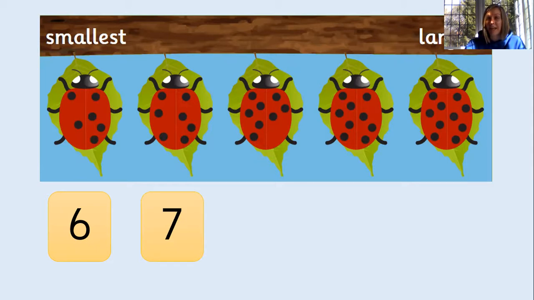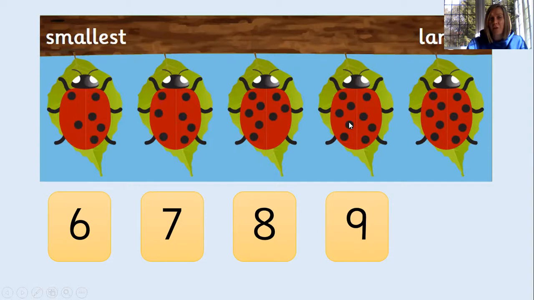It's the next biggest number. Then 8. I wonder if you can guess what the next one was. 9. Let's just check. 1, 2, 3, 4, 5, 6, 7, 8, 9. And my largest number, the biggest of all, was number 10. So I counted up all my spots and I've ordered them from the smallest to the largest.